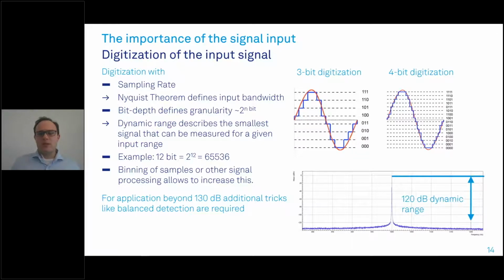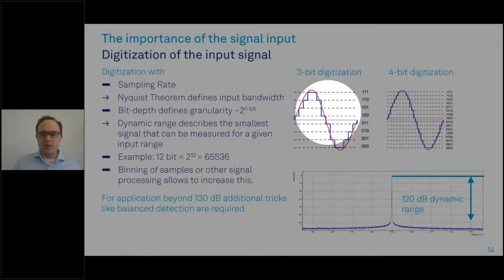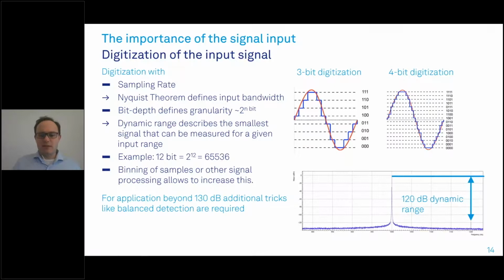The dynamic range describes the smallest possible signal that can be measured for a given input range. So to stay with the example on the right-hand side, if I have one step, so 1 bit in signal this high, I would be able to measure it. If it's below, I would see 0, because the digitization will show nothing else.